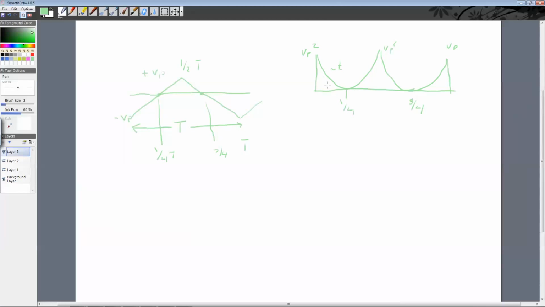Because look, this area is going to be equal to this area, equal to this, equal to this, even though I know my drawing is kind of lousy, right?